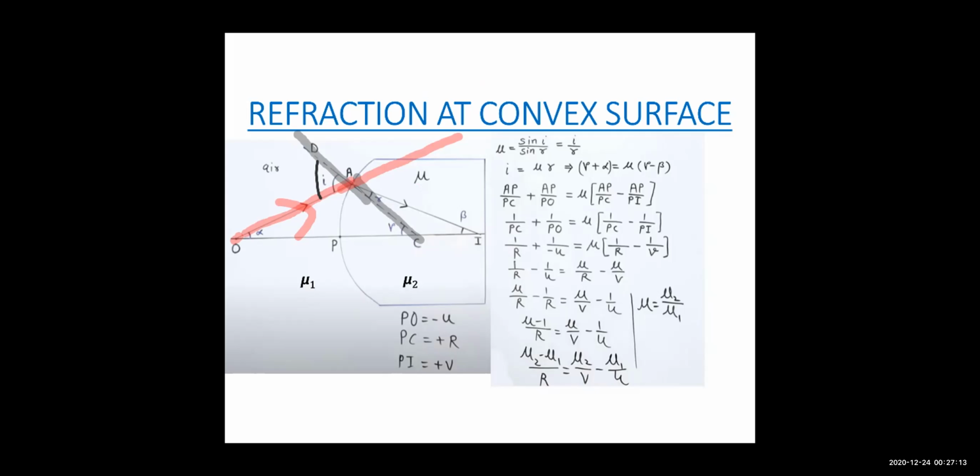So the light bends towards the normal, and the green color is your refracted ray. The angle between the black normal and the green refracted ray is known as the angle of refraction, which is denoted by angle R.